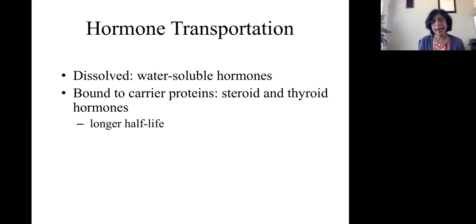The advantage of hormones being bound to carrier proteins is that they have a longer half-life. They are degraded less readily when bound to carrier proteins than when they're freely available in the blood. So that's how they have a longer half-life.